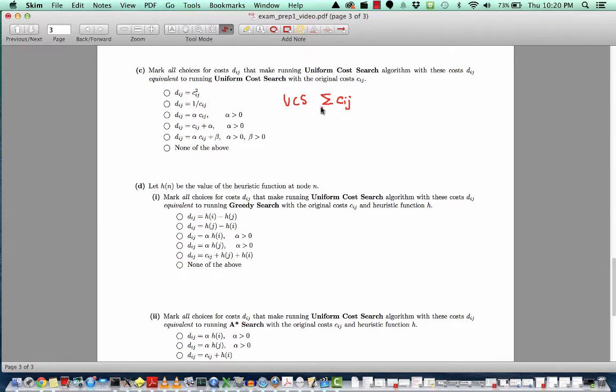So you're summing over all of the edges in your path. Now we're going to be looking for a case when this sum over cij is going to give you a similar or the same ordering over edges as when you use weights dij.